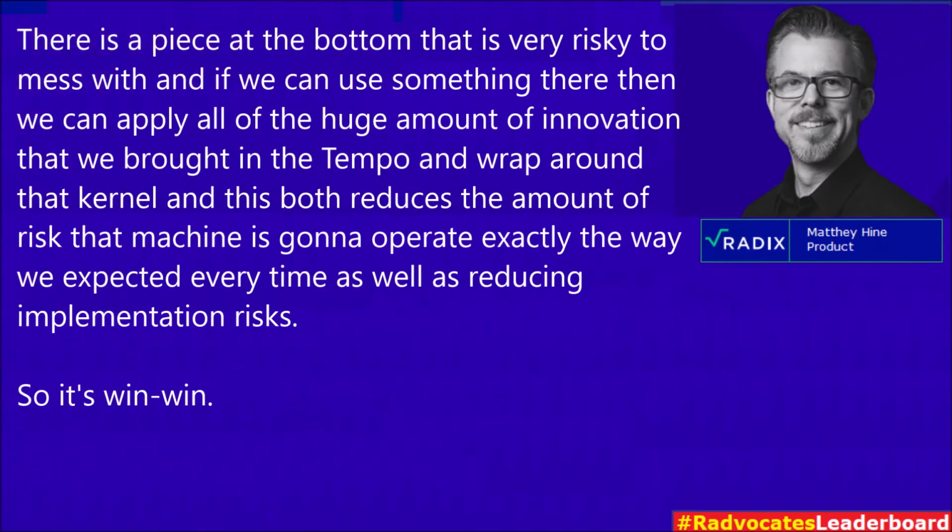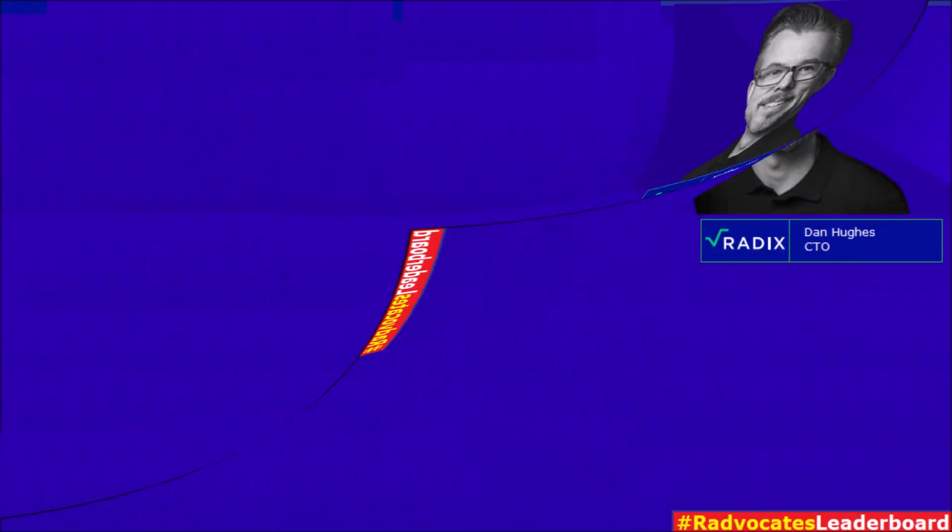There's this piece at the bottom that's very risky to mess with. If we can use something there, then we can apply all of the huge amount of innovation that we brought into Tempo and wrap it around that kernel. This both reduces the risk that the machine is going to operate exactly the way we expect it to every time, as well as reducing our implementation risk. So it's a win-win.